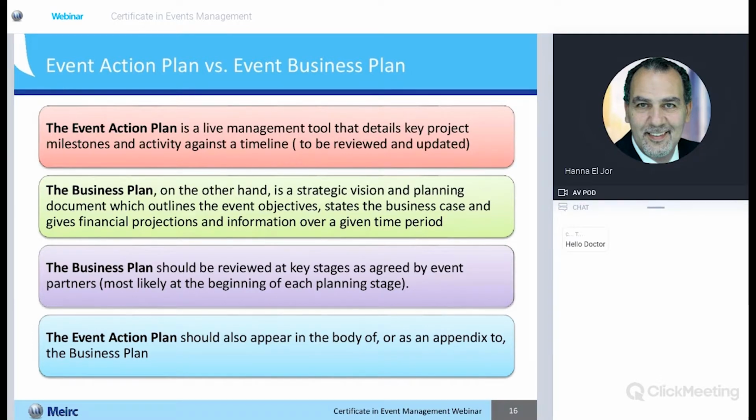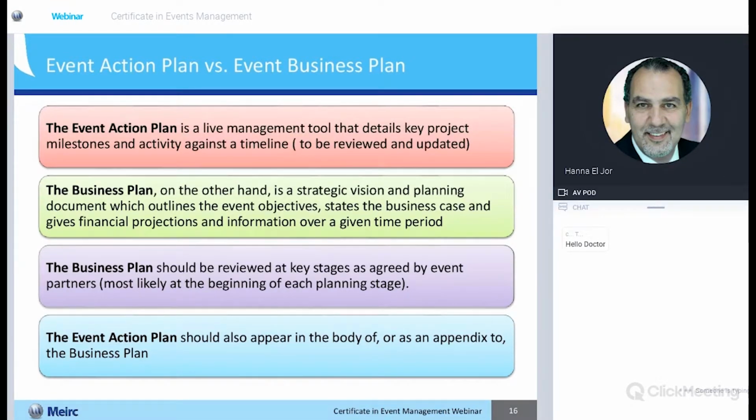Usually with a business plan we talk about 5 years. It could be 10 years. It could be a vision for some countries; we have Vision 2030 for Abu Dhabi and Saudi Arabia. But this is the difference: the event action plan is more about what's going on now and is dynamic, whereas the business plan is more long-term strategic.